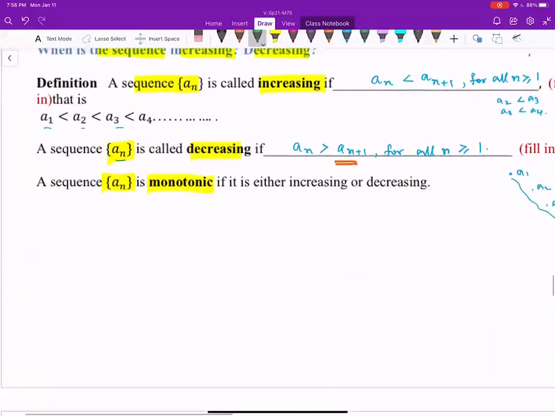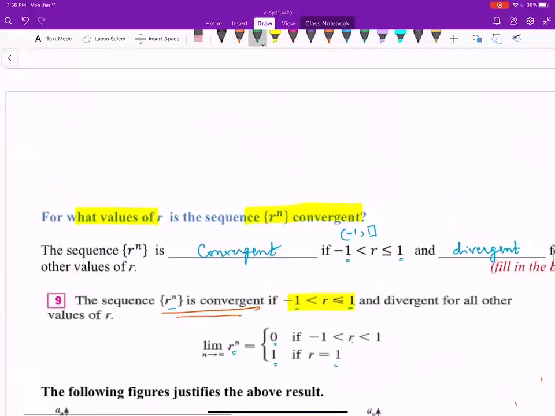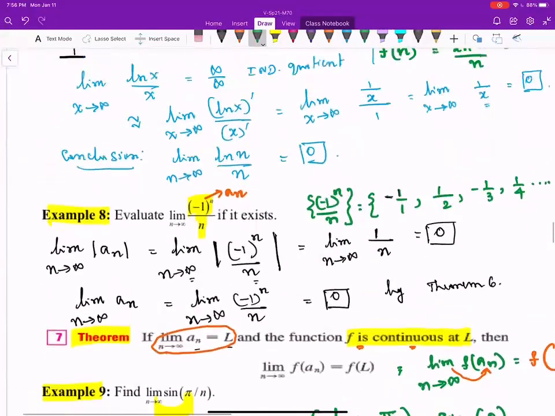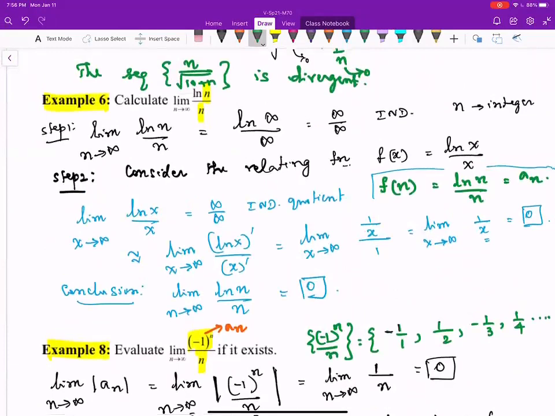And also the idea of looking at the relating function and deciding the limit of the sequence by finding the limit of the relating function. This idea, example number 6. So some of these ideas will be repeated later. So it is better to understand this section more for the upcoming sections in this chapter. Hope these videos help.